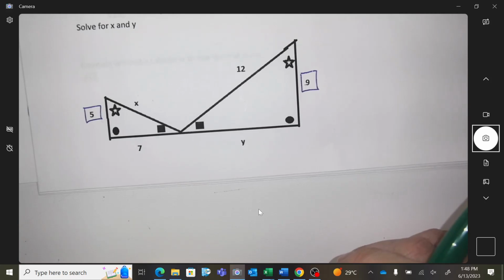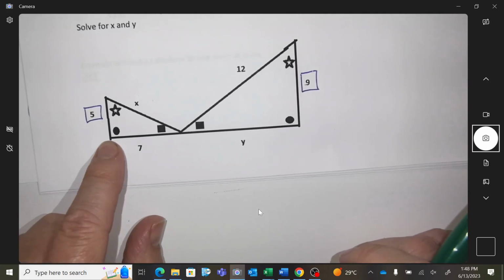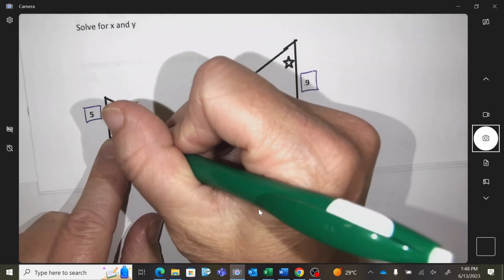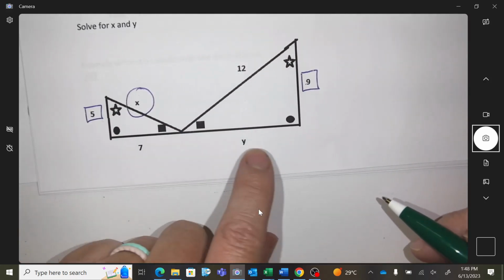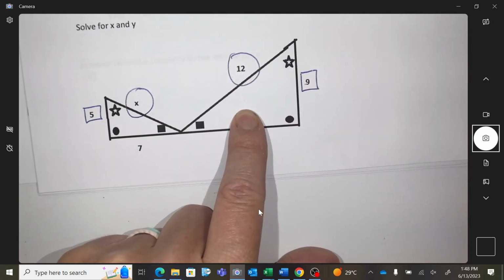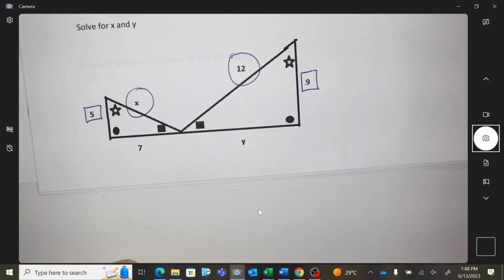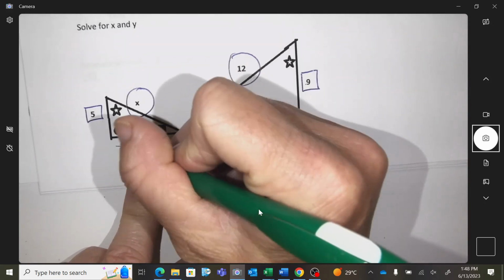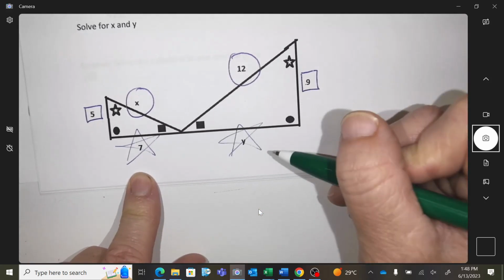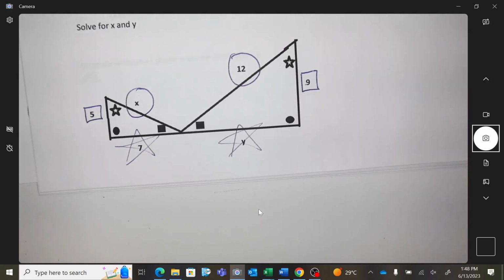Which side is the circle side? X is across from the circle there. 12 is across from the circle there. And then the star side: 7 is a star, and y is across from the star. Okay, I'm going to set up ratios now.